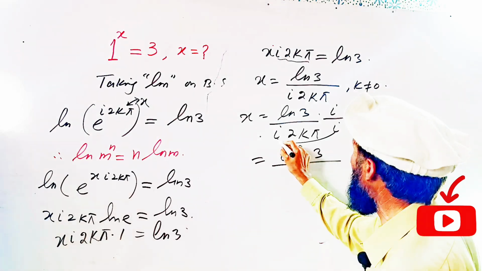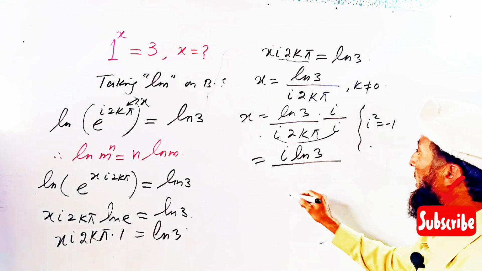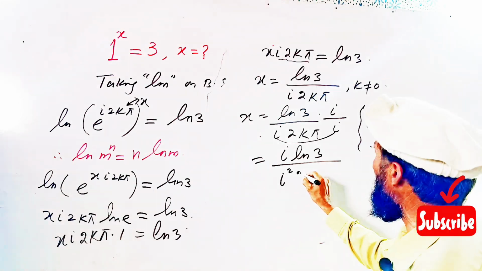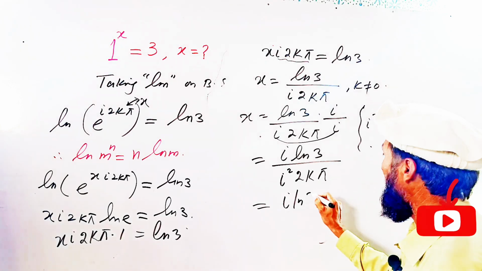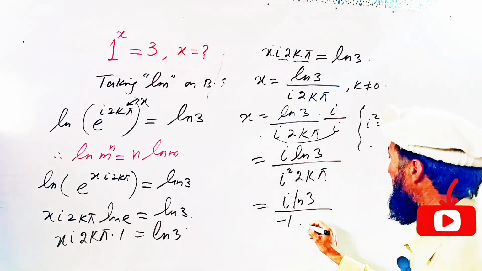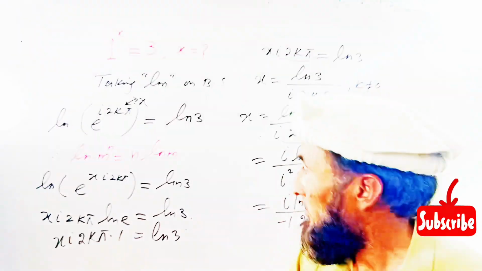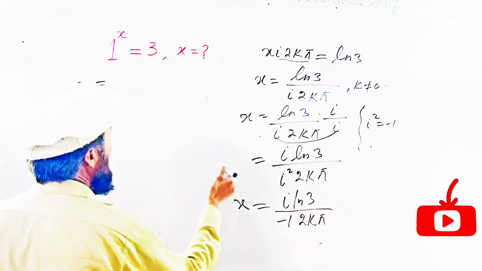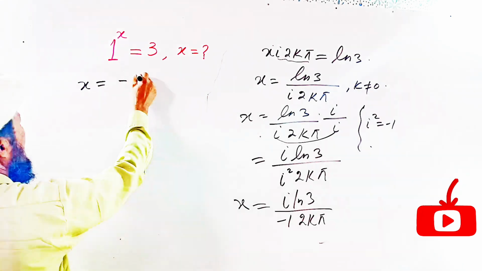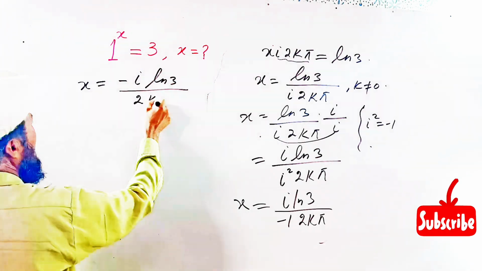And iota square is equal to -1, so we get iota log of 3 divided by -1 times 2k pi. The minus sign goes to the numerator, so we get minus iota log of 3 over 2k pi.